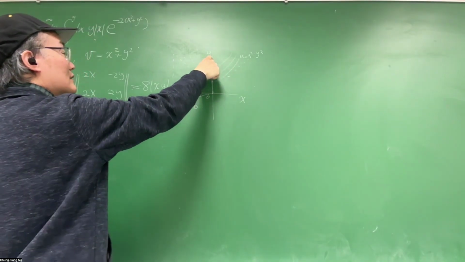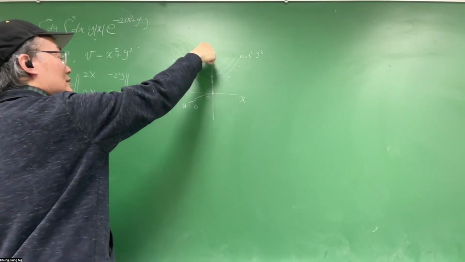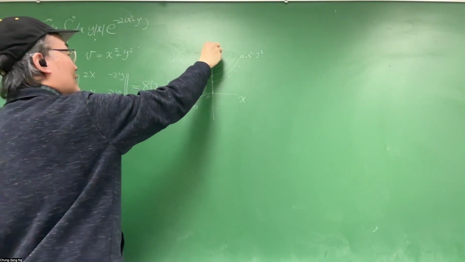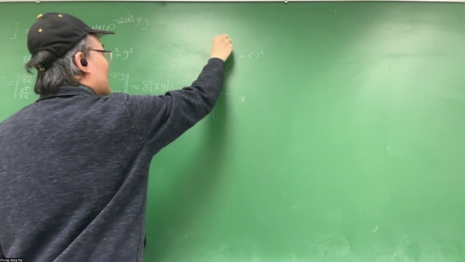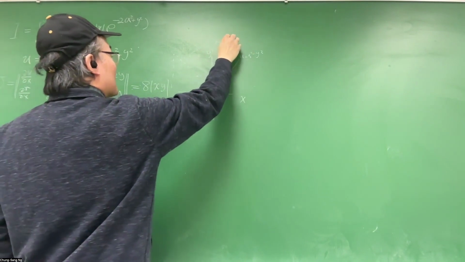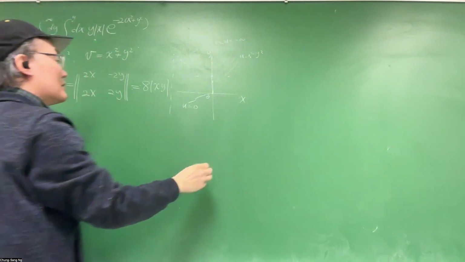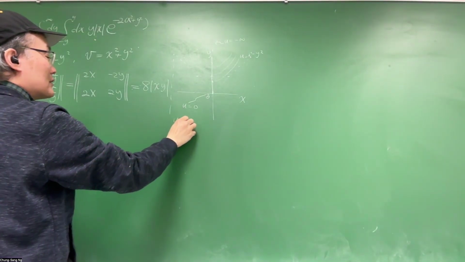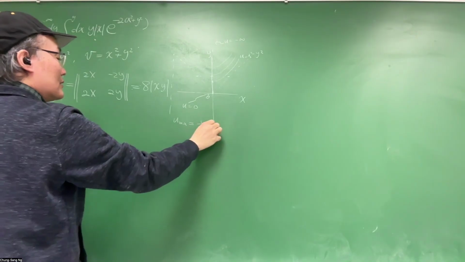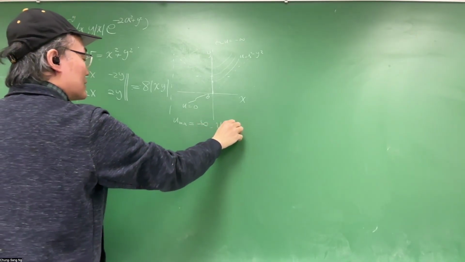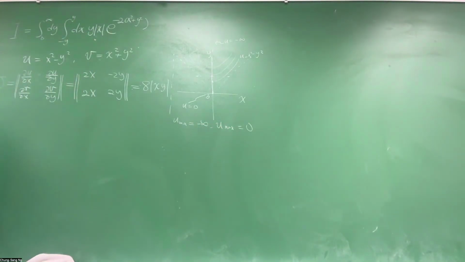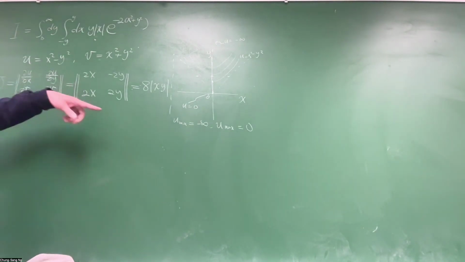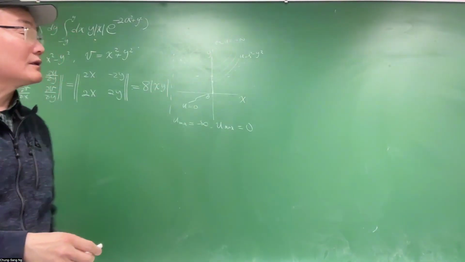It keeps decreasing, given u, for all these hyperbolas toward infinity. Then obviously u is equal to minus infinity. So u min is minus infinity, u max is 0, right? But that's the integration over this area, right?